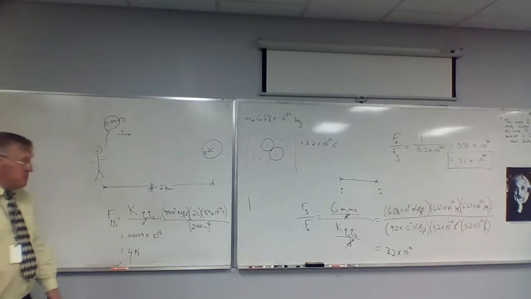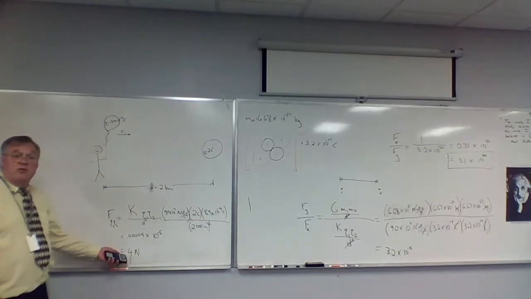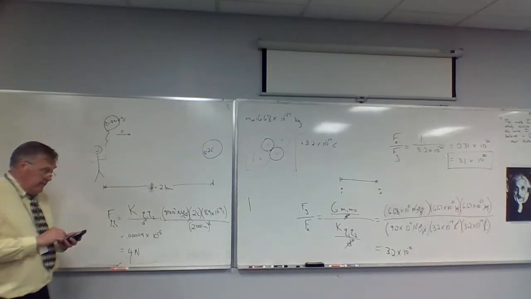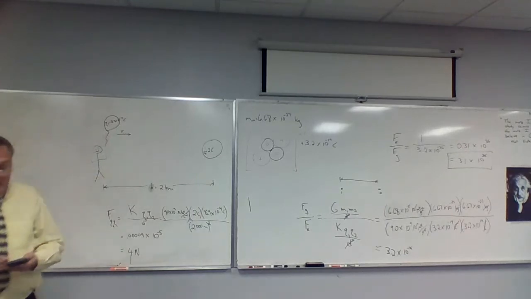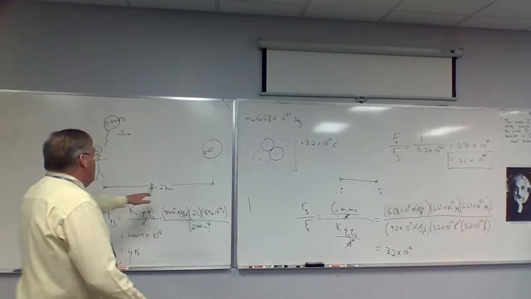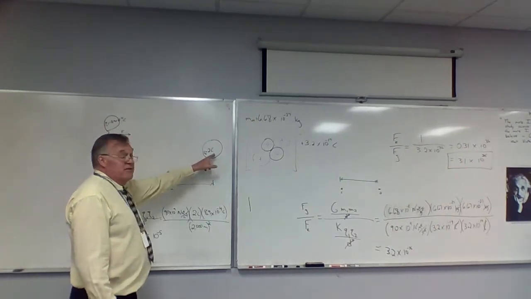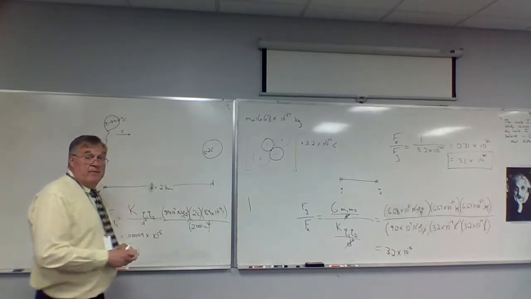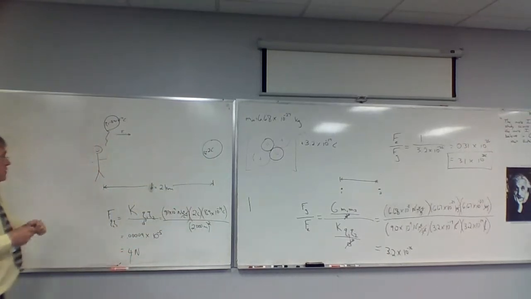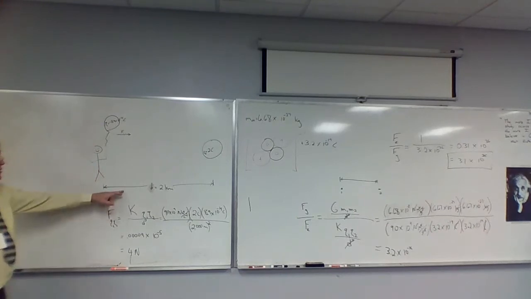Which is not insignificant. 4 newtons is not insignificant, right? It would probably motivate this balloon towards this object, even though it's 2 kilometers away. 4 newtons of force, even though you're 2 kilometers away.